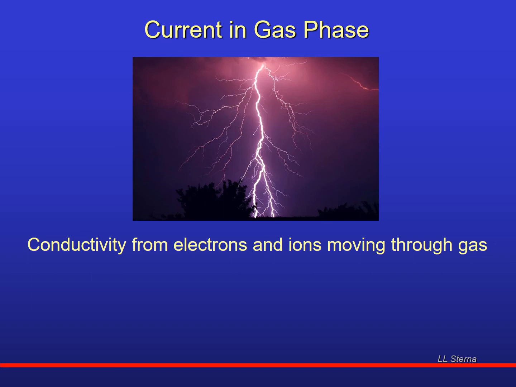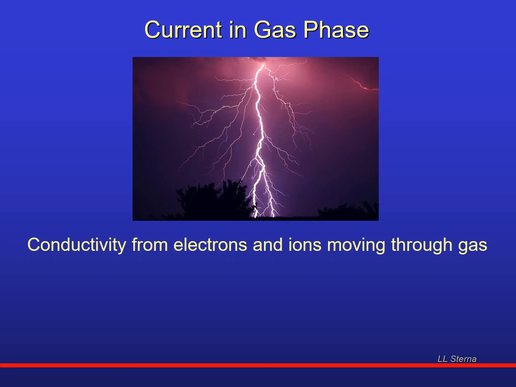You may have suspended droplets. This rubbing, this triboelectric effect, creates tremendous charge separation. Then you get a difference between the cloud and the earth, and you get a lightning bolt. So the conductivity can be from electrons and ions moving through the gas.